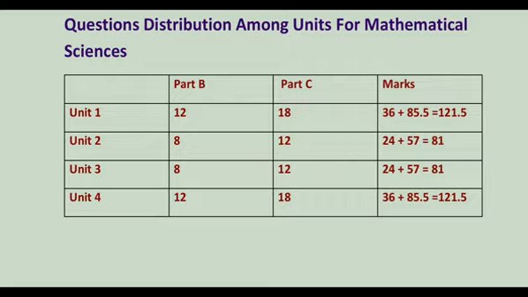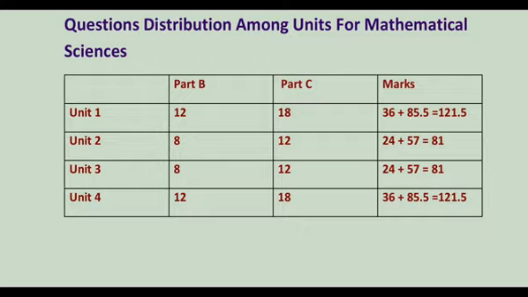For Unit 2, there are 8 questions in Part B and 12 questions in Part C usually, and hence have a mark of 24 plus 57, which is equal to 81.